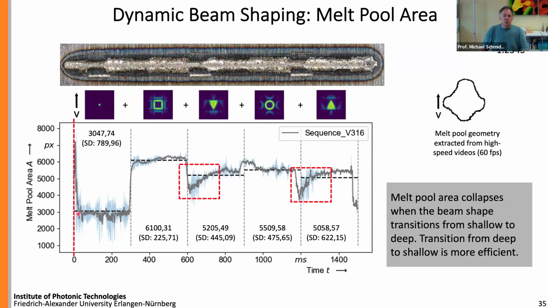And as you can see, and as you would maybe expect, for the Gaussian mode the melt pool area seen from above is lowest. The highest melt pool areas are for the quadratic shape, and also for the donut mode, but this is not so pronounced anymore compared to the triangles.